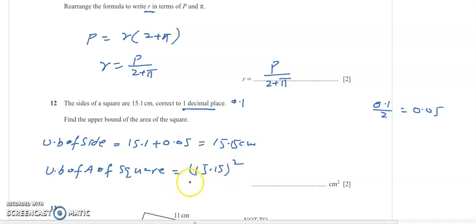If I square this, 15.15 squared will give me 229.5225. And now I can round my answer to three significant figures. I will get 230 centimeters squared.